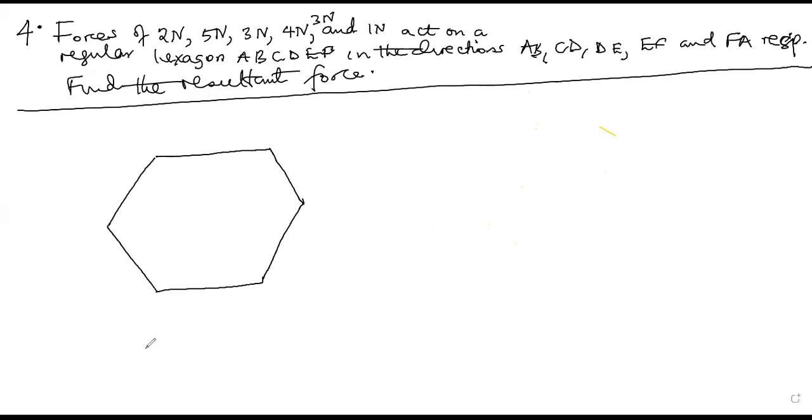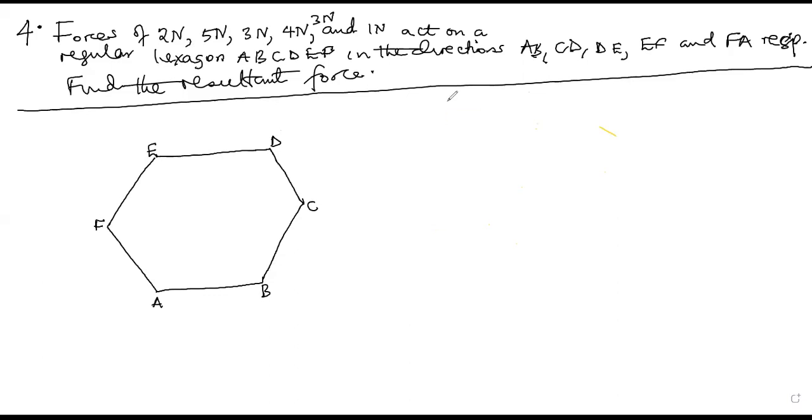So use a ruler and draw the best. This is my point A, this is my point B, this is my point C, this is my point D, this is my point E, this is my point F. So I'm going to start putting the forces.